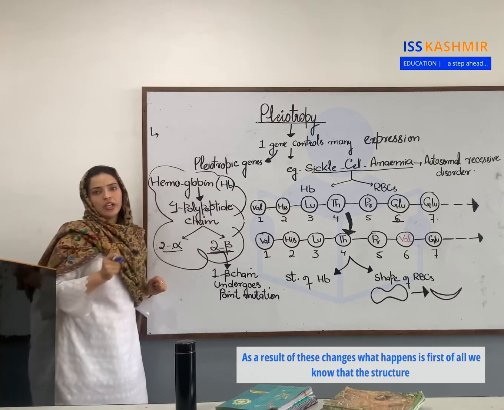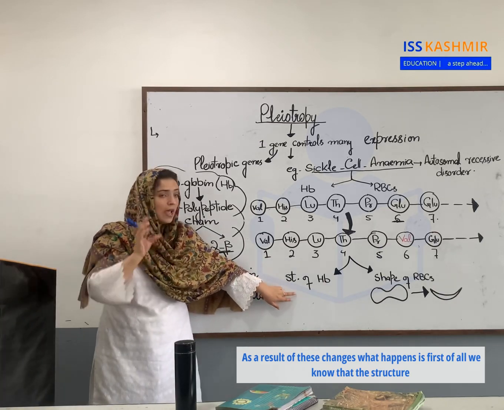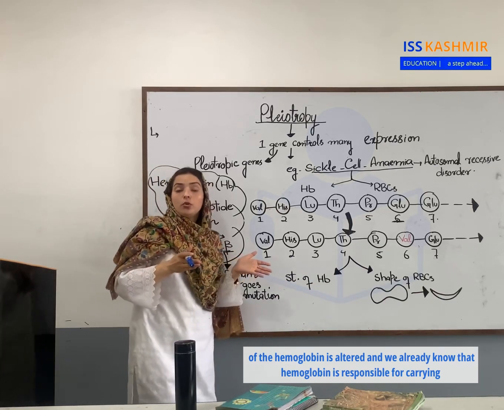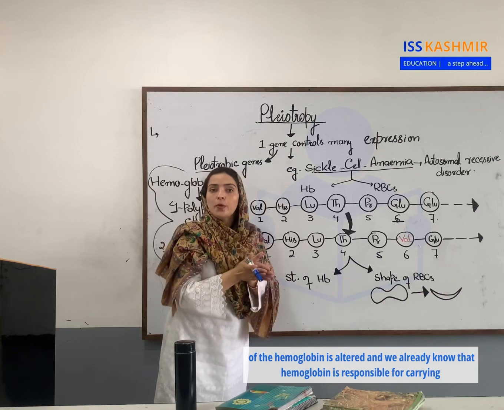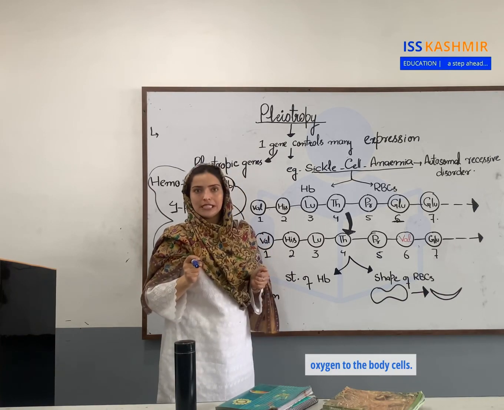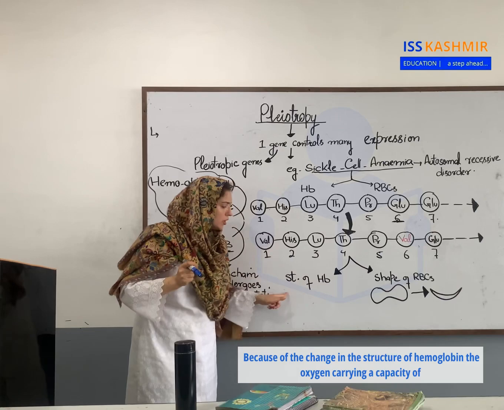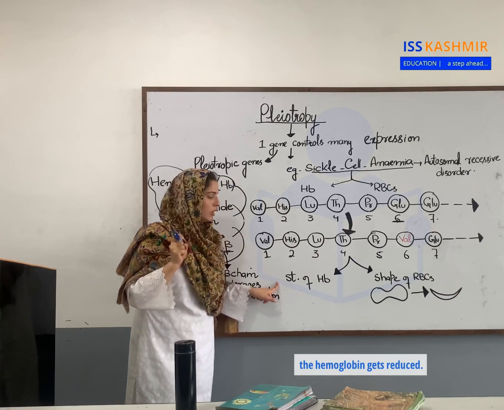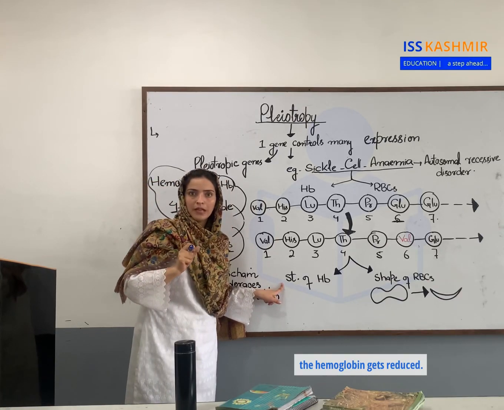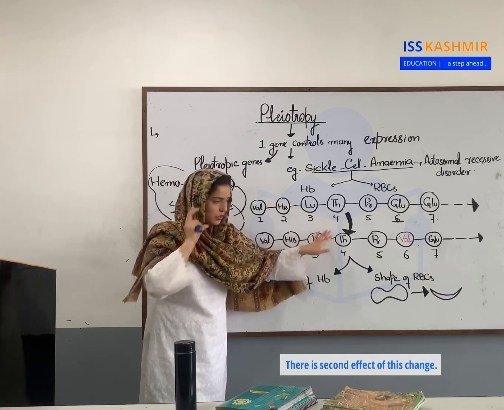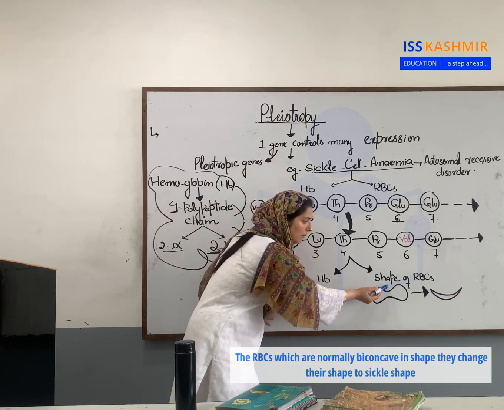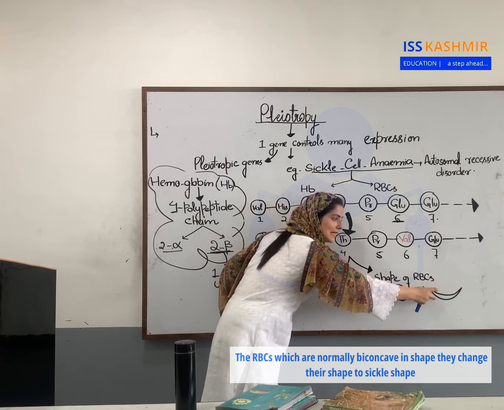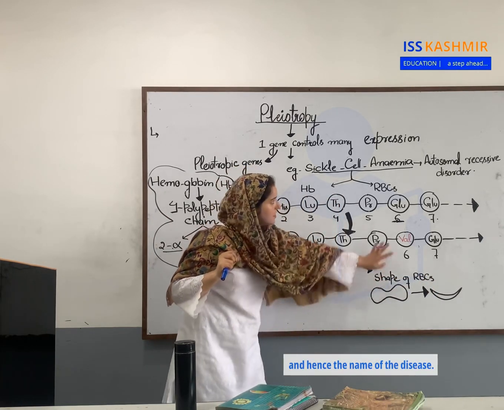As a result of these changes, first of all, the structure of the hemoglobin is altered, and we already know that hemoglobin is responsible for carrying oxygen to the body cells. Because of the change in the structure of hemoglobin, the oxygen carrying capacity of the hemoglobin gets reduced. There is a second effect of this change. The RBCs, which are normally biconcave in shape, change their shape to sickle shaped, and hence the name of the disease.